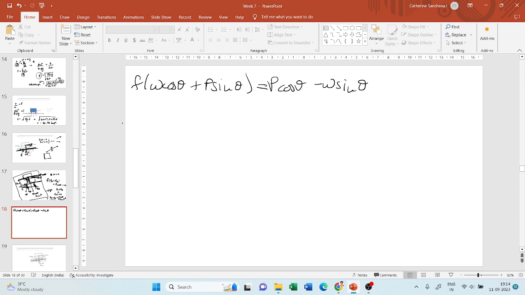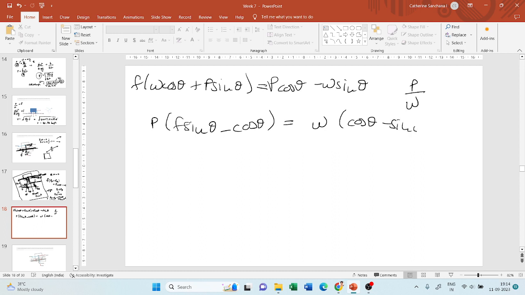Sorry, you can separate it in terms of, so as we separated the impact factor P by W, here also you can take P by W. So P into F sin theta minus cos theta is equal to W into cos theta minus sin theta, right?